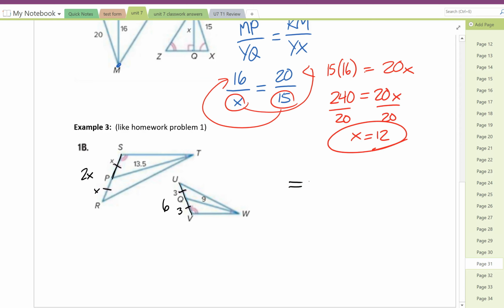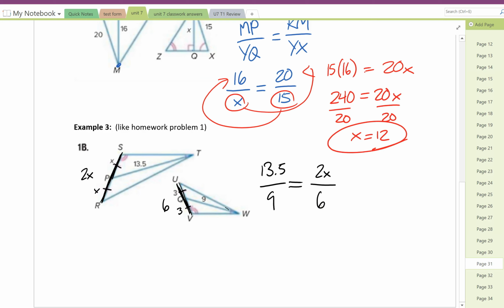The median on the big triangle, 13.5, and its ratio with the median on the small triangle, which is 9, has to be the same as the ratio between corresponding sides on the triangle. The only two sides that I know on the triangle are 2x and 6. So 2x is the side on the big triangle, SR. 6 is the side that I know on the smaller triangle.